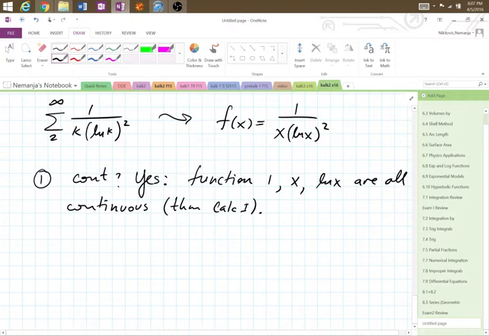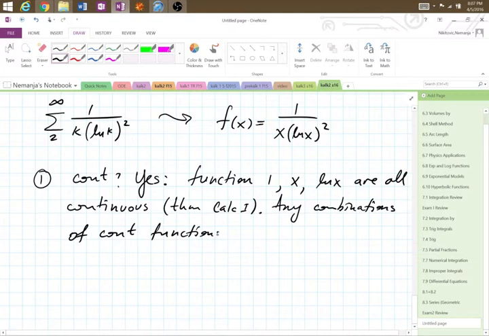Any combinations of these functions will preserve continuity, and that includes function composition. Any combinations of continuous functions are continuous, which is also a theorem from Calc 1. So we don't have to dwell upon it.